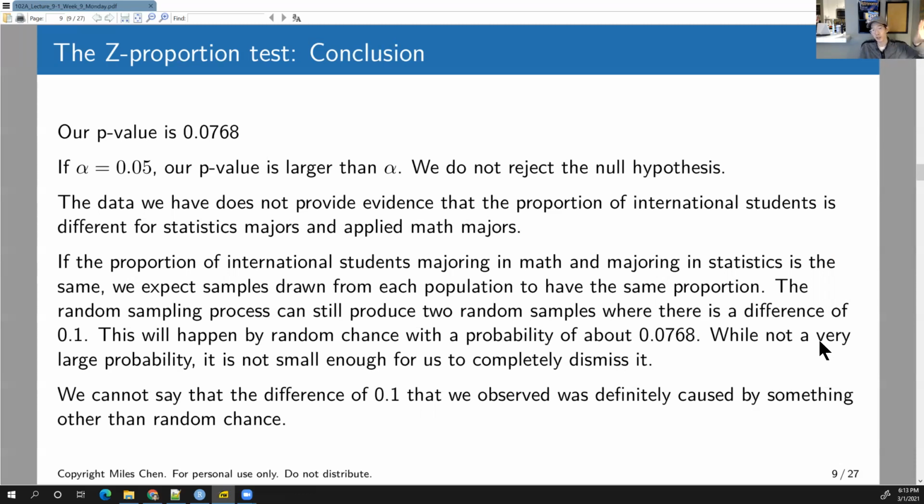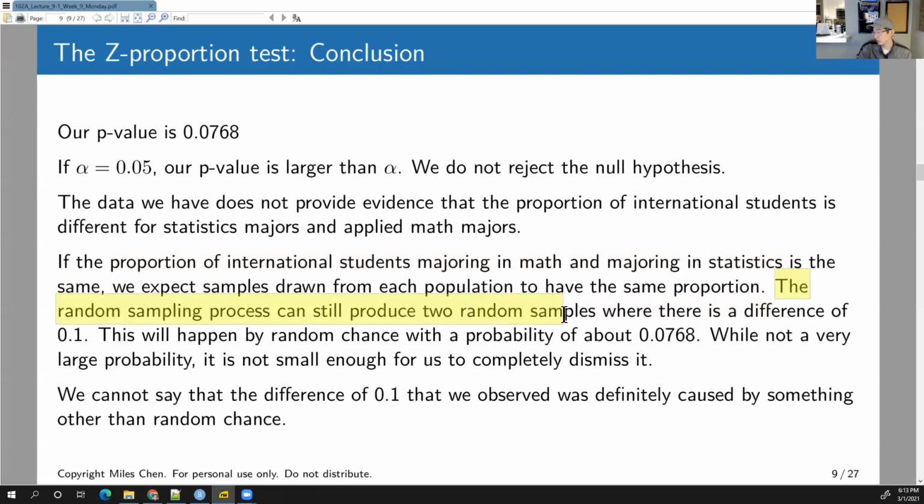You got 50% in this sample and 40% in this sample. So you feel like you've got a 10 percentage point difference, which you do, but it turns out that you can get a 10 percentage point difference from just random sampling. If the proportion is the same in the populations, when you take random samples, you'd expect them to be the same, and we got something different.